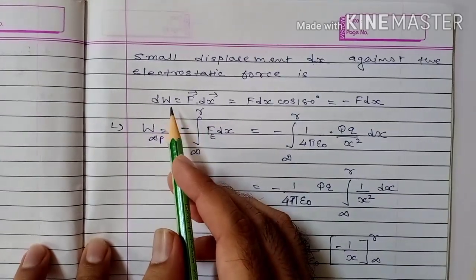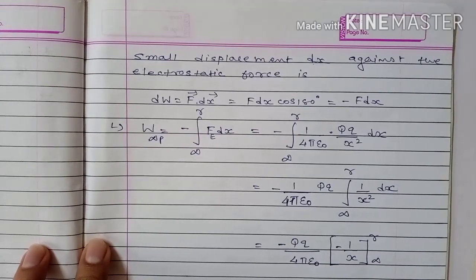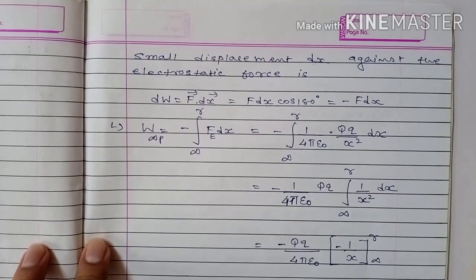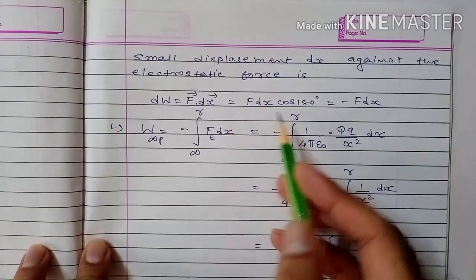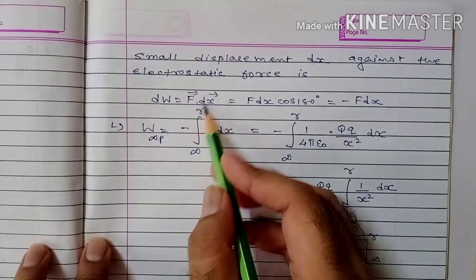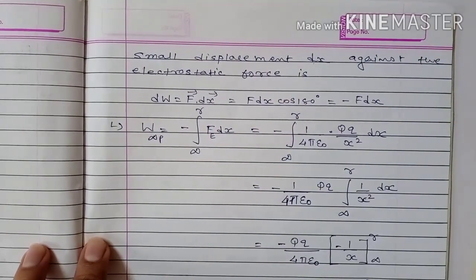Small work done, that is F vector dot dx vector. I have considered a small displacement, so whatever the amount of electrostatic force is, that is constant. Therefore, we can write F vector dot dx vector is equal to F dx cos 180. Why have I taken cos 180?